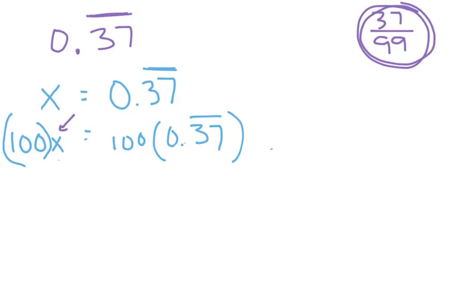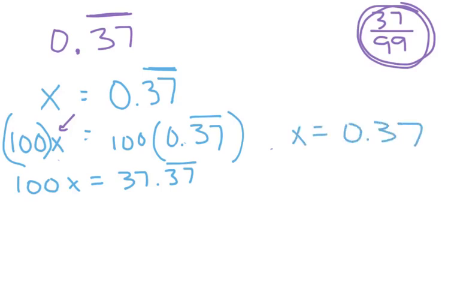So if I continue with this problem, I simplify it and it becomes 100x equals 37.37 repeated, right? Because there's just more 37s behind it. And since x equals 0.37 repeated, I can now subtract an x.